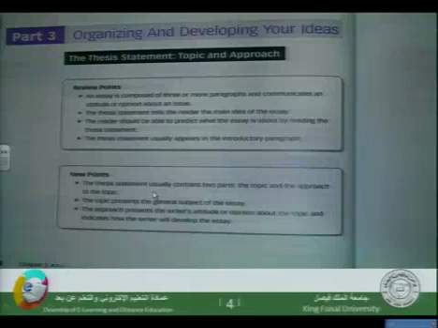And second point, the topic presents the general subject of the essay. Right, so when we say that the topic presents the general subject of the essay, it means that you want to avoid detail at the beginning.